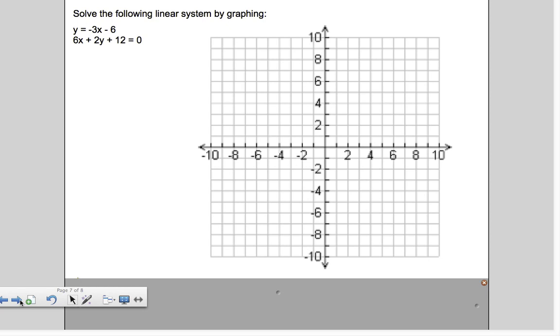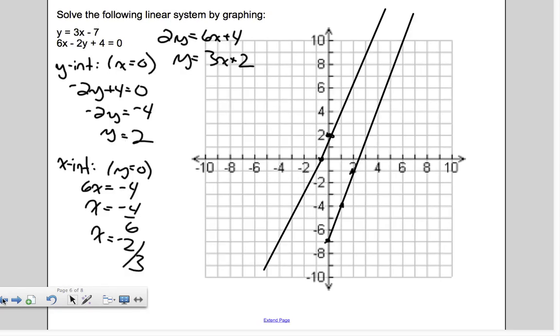I won't bore you with this one. So wait, how would you finalize that answer? There is no solution. You write that, there it is. We write no solution, because the slope is the same, they're parallel, they won't intersect ever.